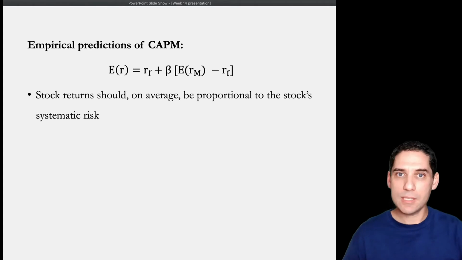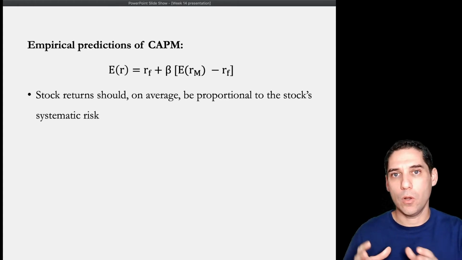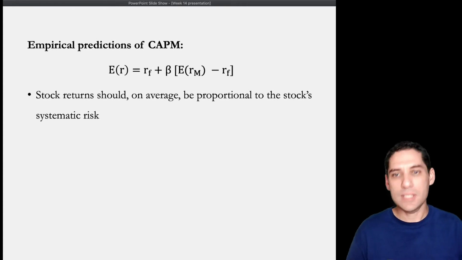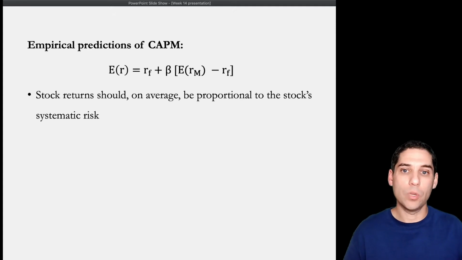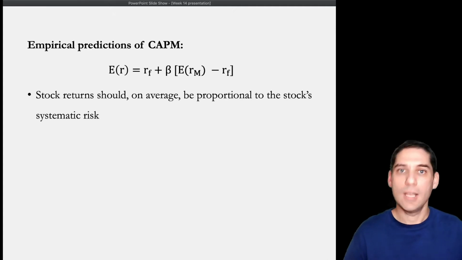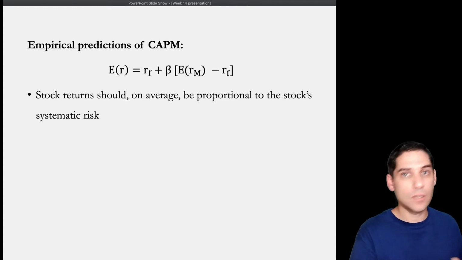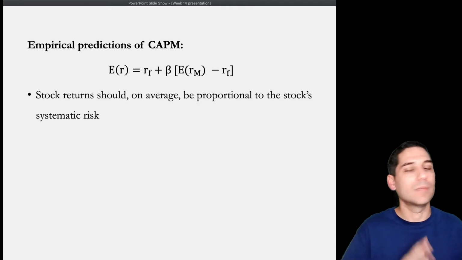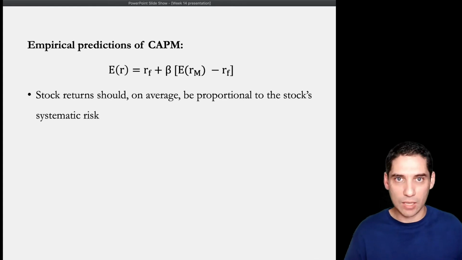What CAPM says in terms of observed historical returns is that stock returns should on average be proportional to the stock's systematic risk. So basically, stocks or companies with higher betas should earn higher returns, and stocks with lower betas should earn lower returns. Now, not always, not every stock, right?